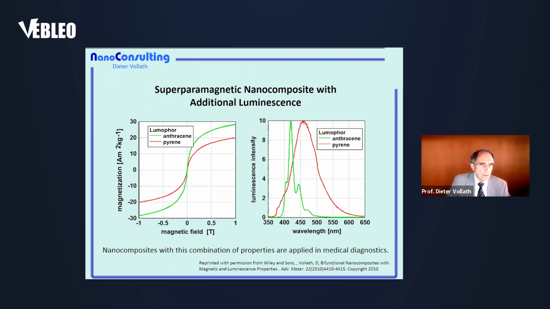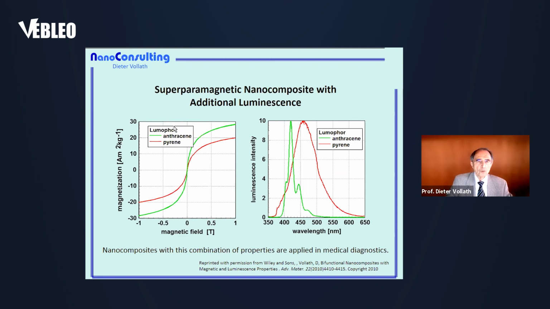Now, we are able to produce superparamagnetic particles. We are able to produce luminescent particles. Why not combine these two properties? Then we have luminescent magnetic properties, a combination of properties which is not known in nature. Here you see on the left-hand side the magnetization curves.